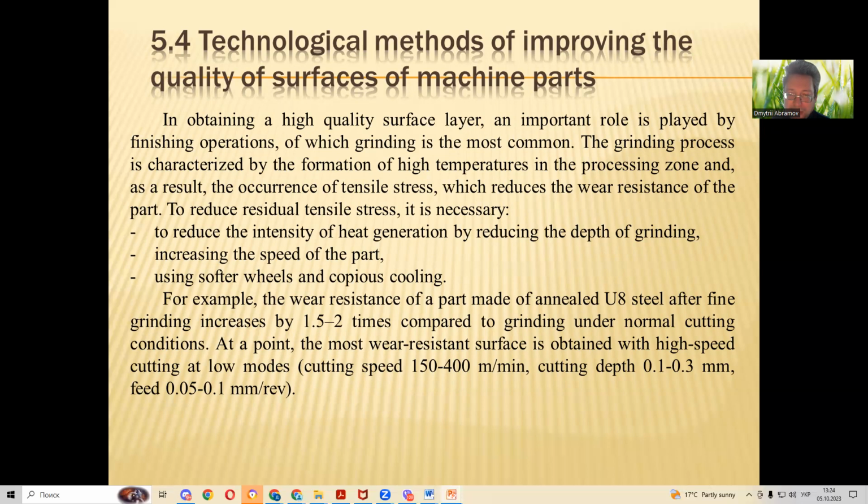At that point, the most wear-resistant surface is obtained with high-speed cutting at low modes. Cutting speed 150-400 meters per minute. Cutting depths from 0.1 to 0.3 millimeters. Feed from 0.05 to 0.1 millimeters per revolution.